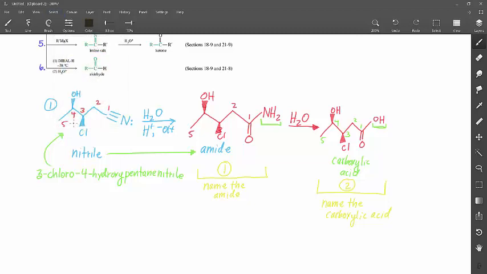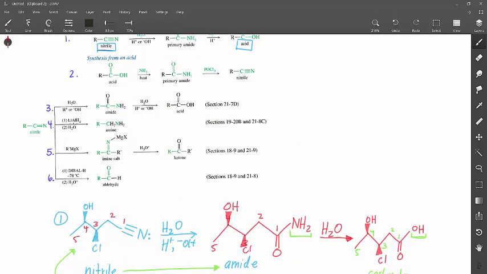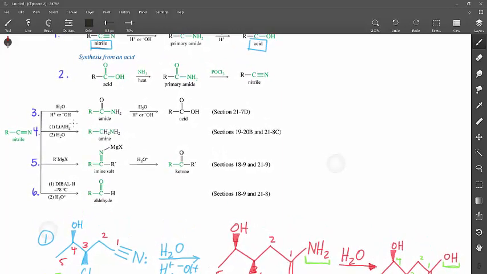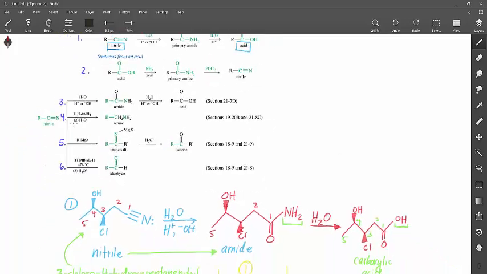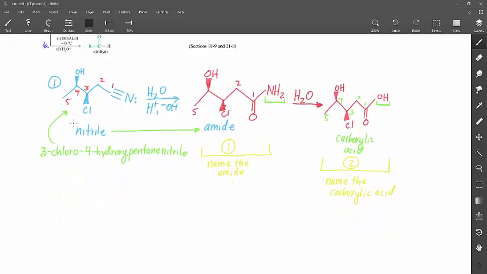Okay, I'm going to do the second reaction where a carboxylic acid, this is reversed, is turned into a nitrile. So second reaction, let's try this carboxylic acid.